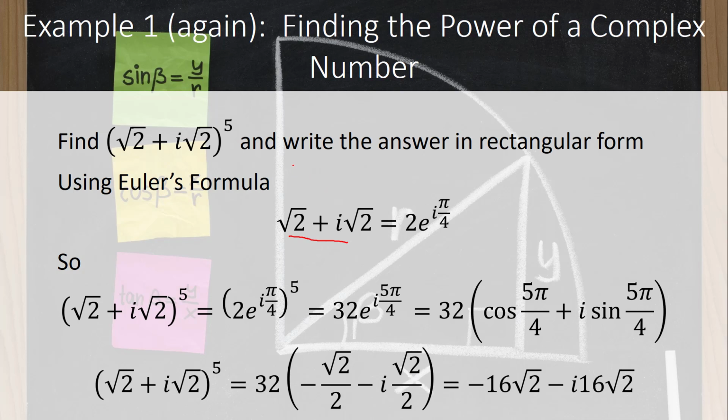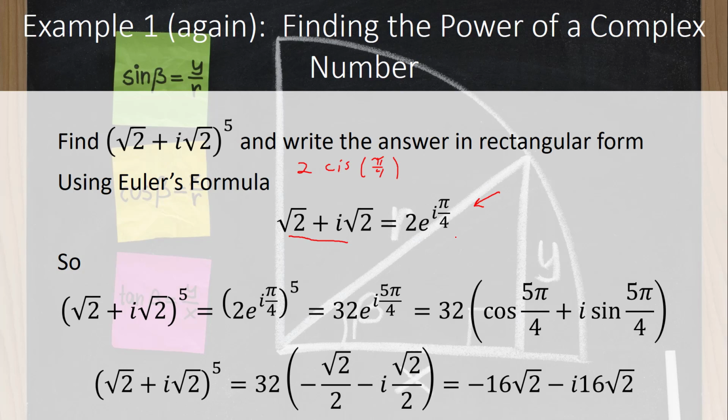The polar form of this would be 2 times cis with the angle of pi over 4. We get that because the square root of the sum of the squares of the real and the imaginary parts is going to be 2, and theta would be equal to 45 degrees. Then again, we could also write this in exponential form using Euler's formula.